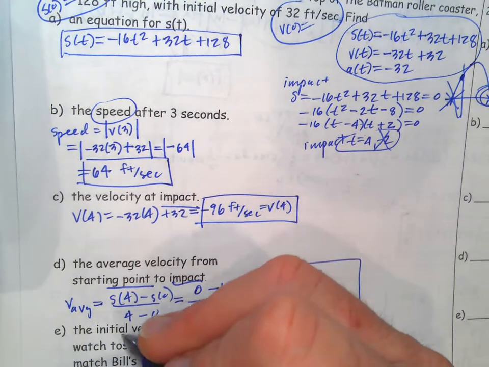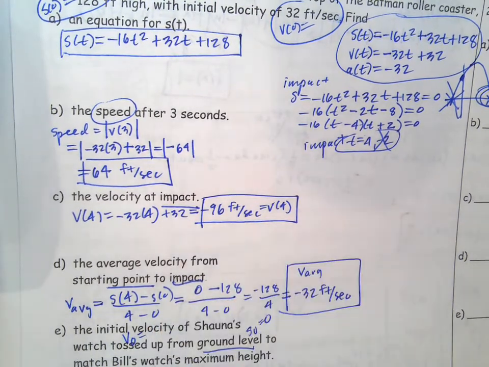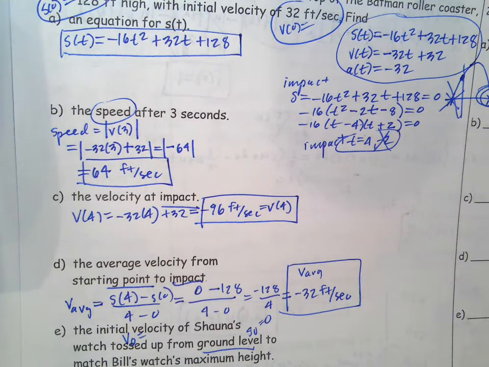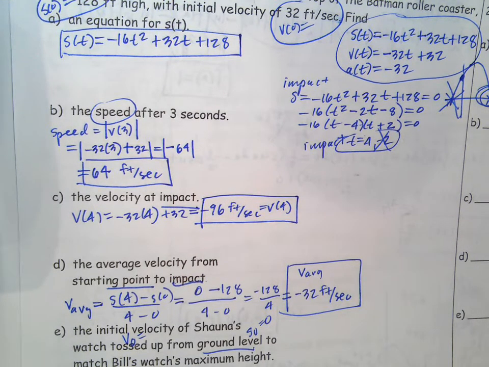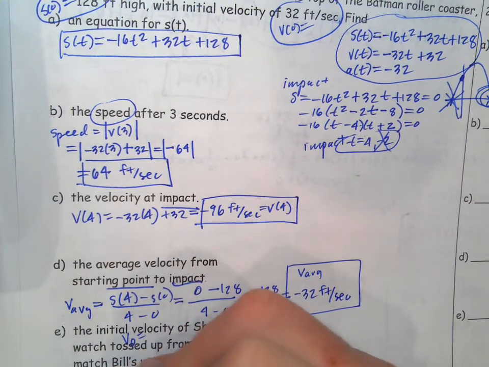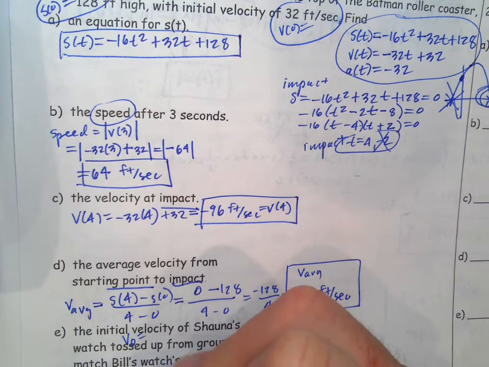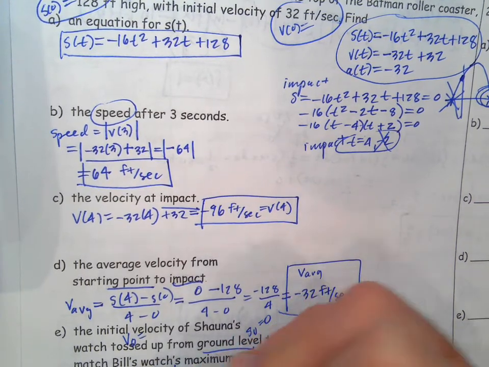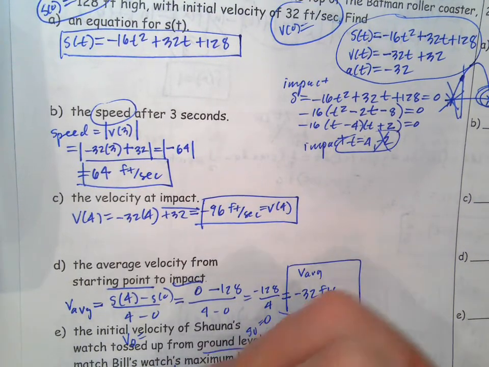We're trying to figure out what the initial velocity is. So our equation is going to be negative 16 t squared plus v naught t, and the initial height is 0, so we don't have that. So that's the equation for it.